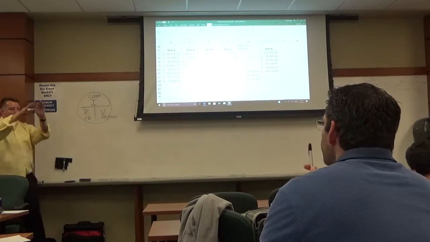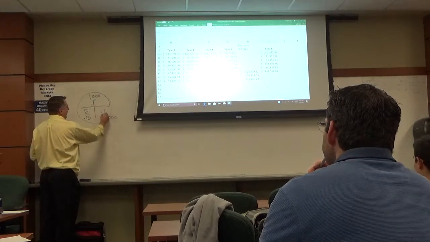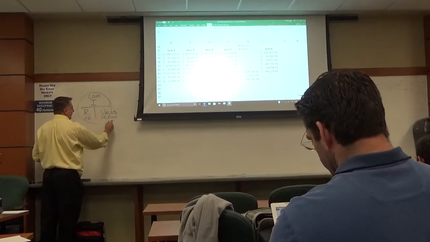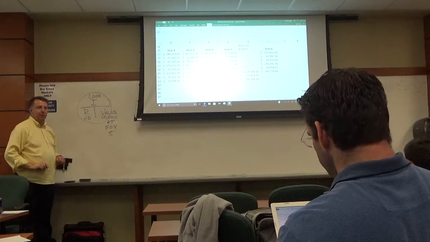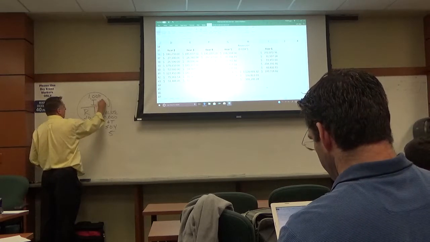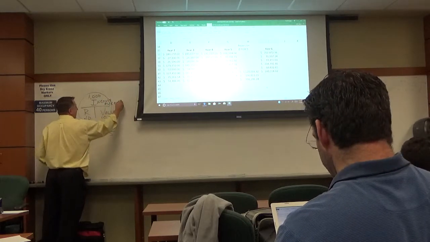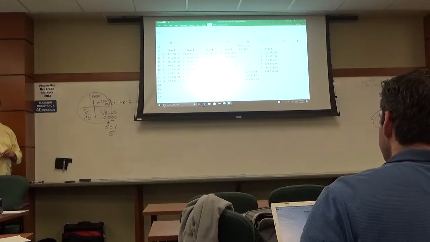All of that to say this: if we're trying to find the value at end of year 5 on a property, we have got to look at the income over year 6. Does that make sense?